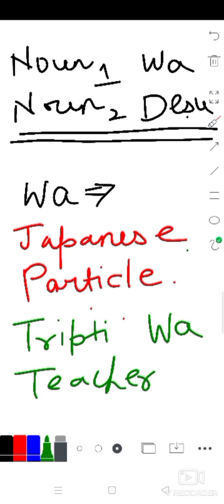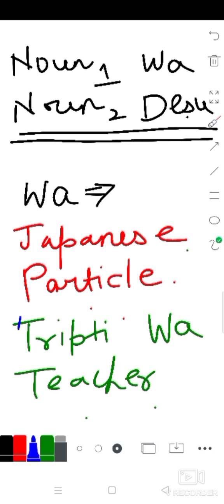Maybe you will get an idea of what I am trying to say here. When I say Tripti wa teacher, you got the idea that Tripti is trying to say that Tripti is a teacher.